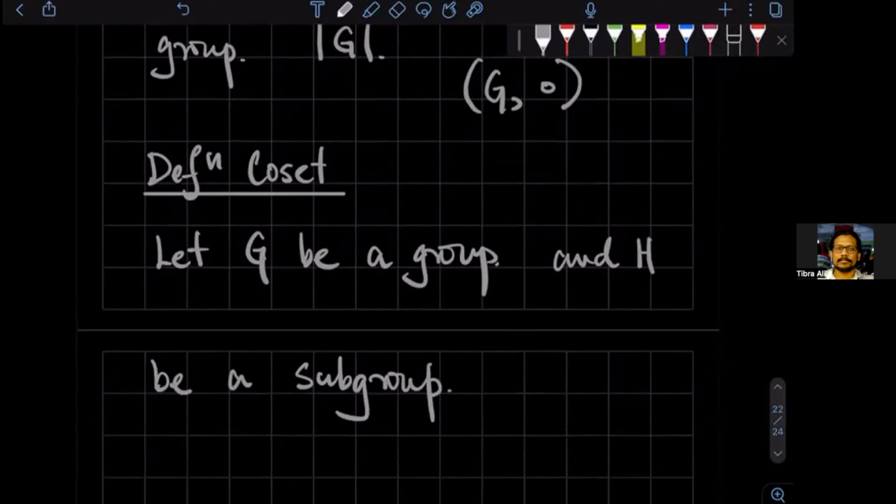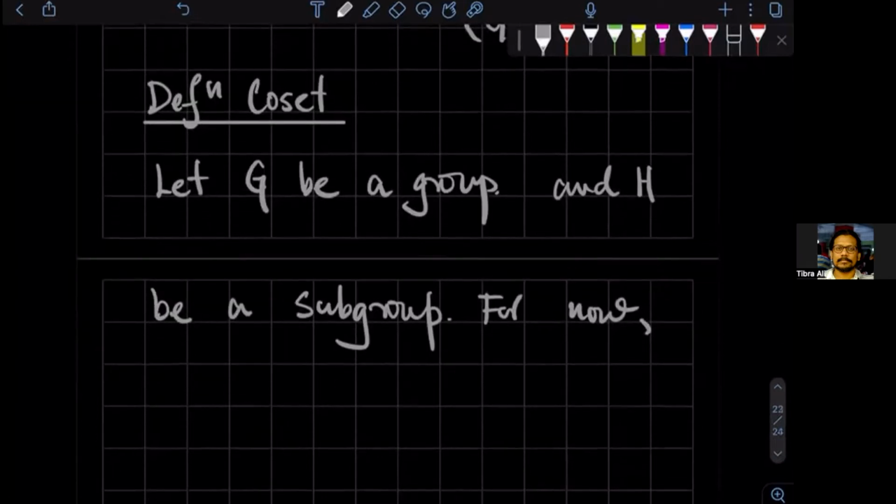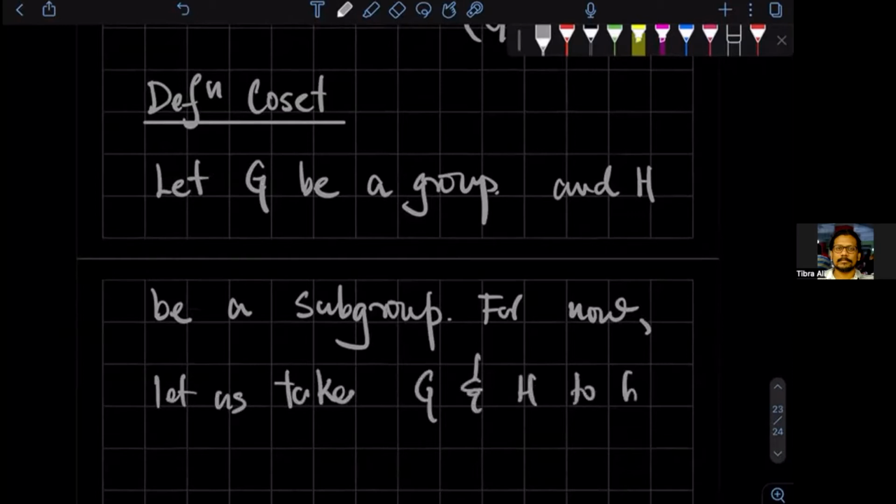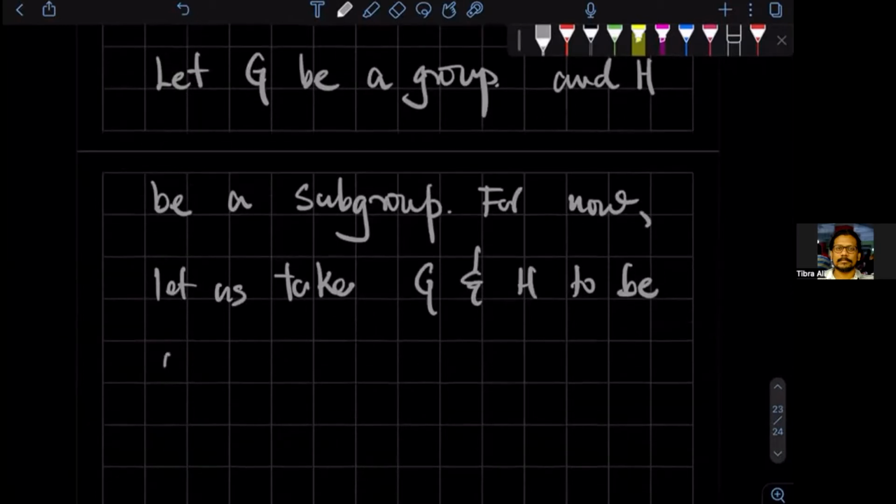Although later we will relax this condition, for now, for the sake of definiteness, let us take G and H to be finite. Now let H be the subgroup.